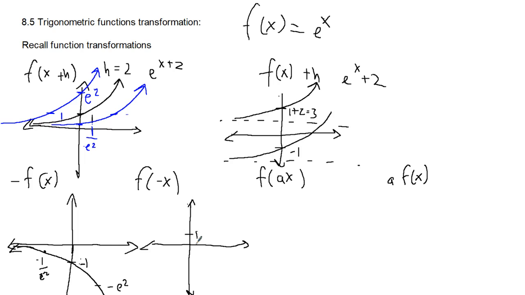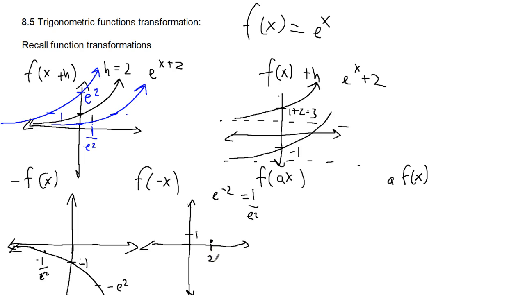If you put 2 in there, you'll get f of negative 2, which is e to the negative 2, which is 1 over e squared. That belongs somewhere down here, so for 2, this actually goes lower.